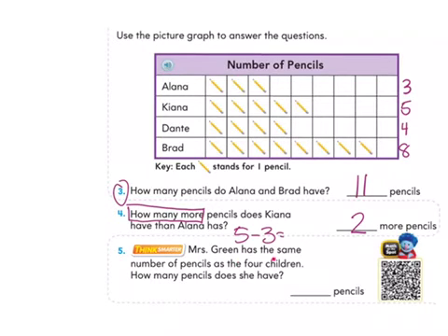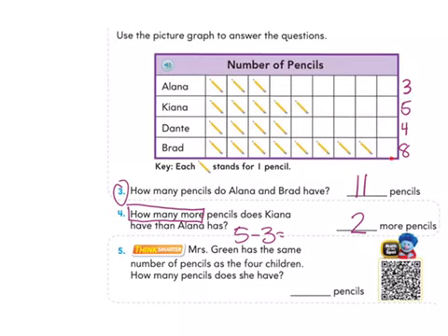Mrs. Green has the same number of pencils as the 4 children. How many pencils does she have? So Mrs. Green has the same number of pencils as all 4 kids. That means we got to add all 4 numbers together.